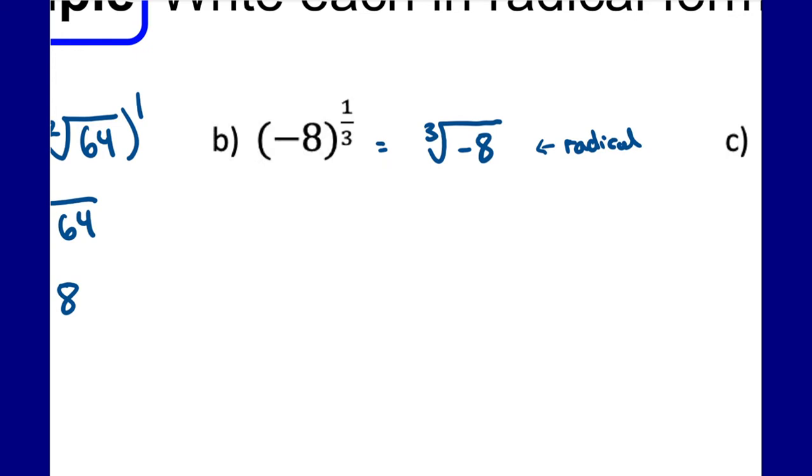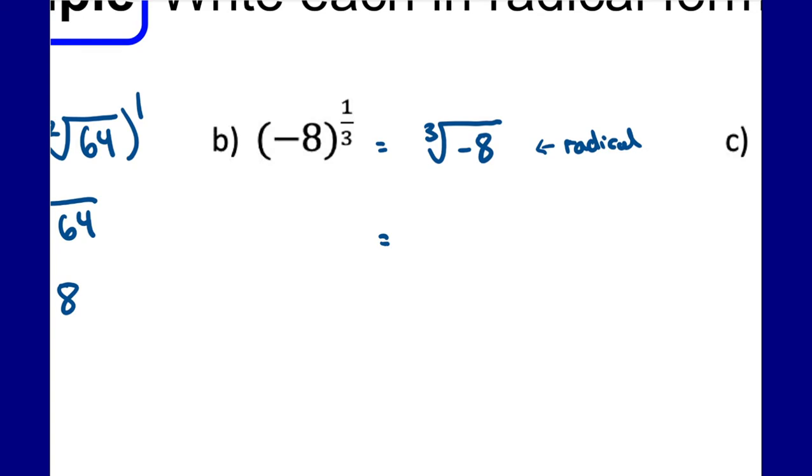Now I can evaluate this even though there's a negative there. I am able to evaluate odd roots if there's a negative. It's the square root as well as the fourth root, so any even roots, I can't have a negative base there. But if it's an odd root, I can, because what this is saying is I'm looking for a number where if I multiply it by itself 3 times, it gives me -8.